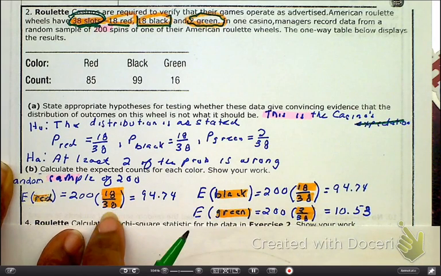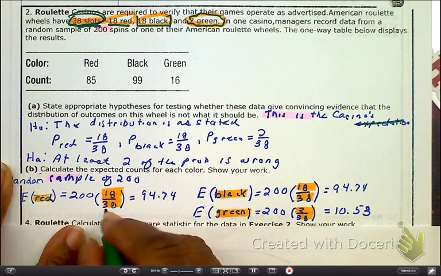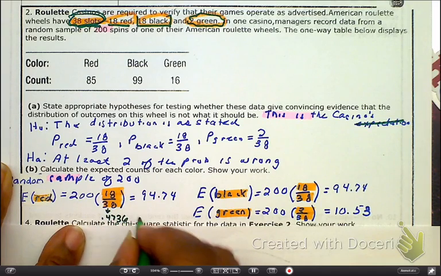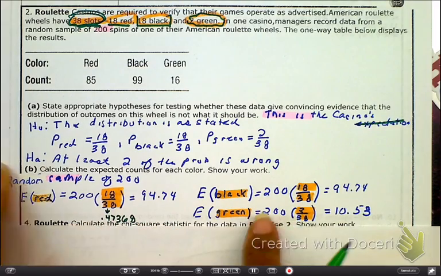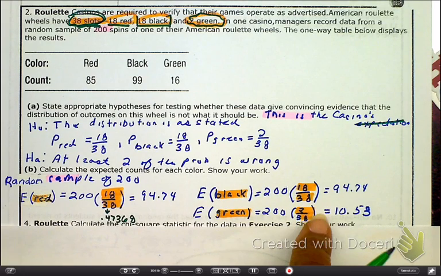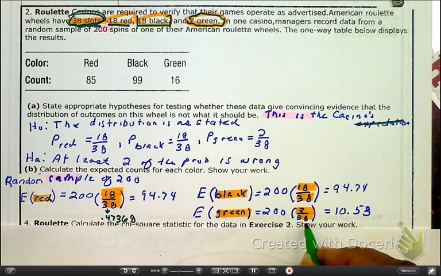But they're saying here that 47% of the 200 is going to be red. And then for the black it's the same, 47%, again 0.368 are black. And then of the green, out of the 200, they're saying 5%, so 2 over 38, which is 0.0526, are green.